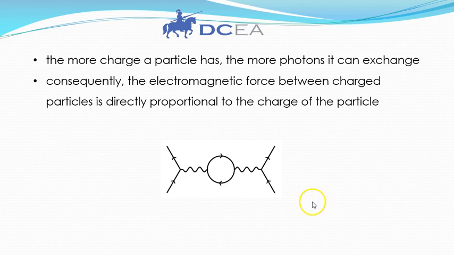The more charge a particle has, the more photons it can exchange. So, consequently, the electromagnetic force between charged particles is directly proportional to the charge of the particle. Once again, the more charge the particle has, the more photons it can give away.